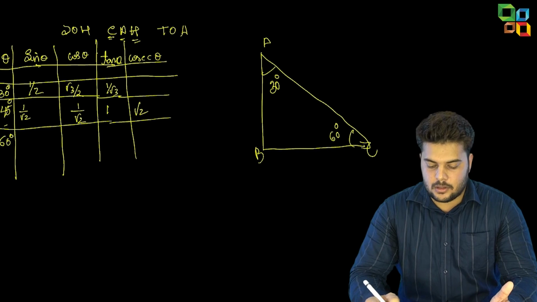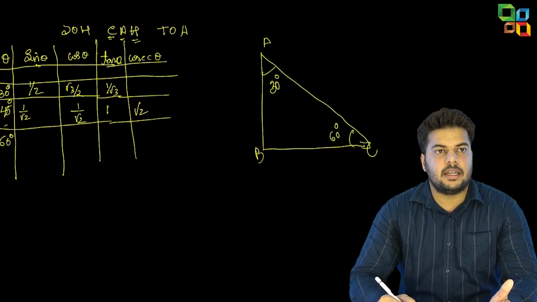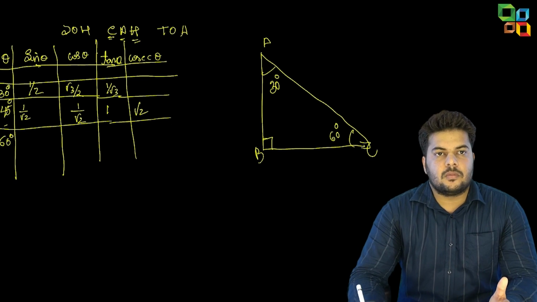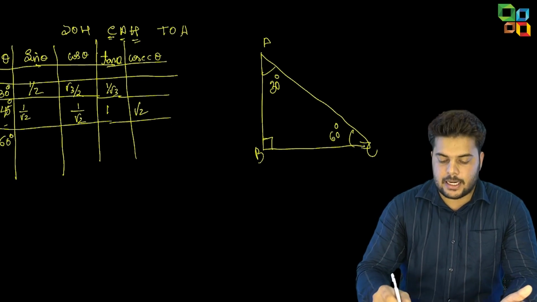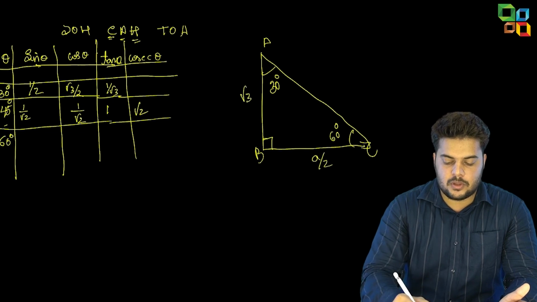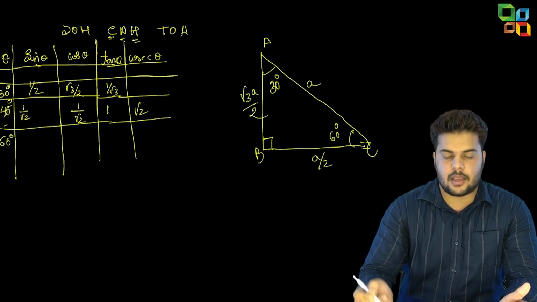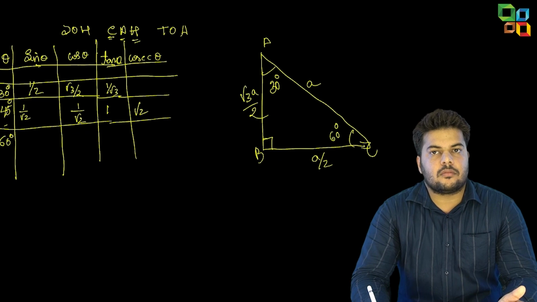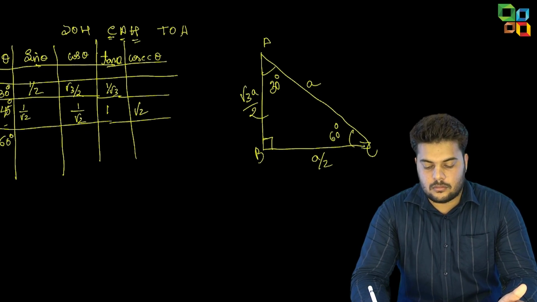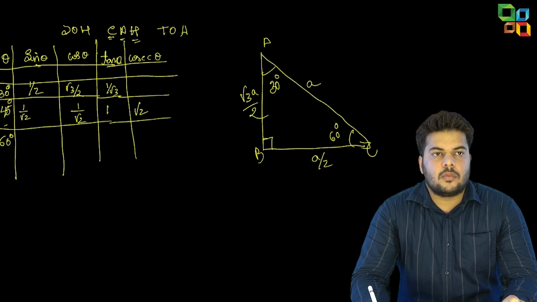Yashwardhan, you found the trigonometric ratios corresponding to 30 degrees. Now you find it for 60 degrees. I hope you remember what the side lengths were. So this was a by 2, this was root 3a by 2, and this was a. Now find the sine of 60 degrees.